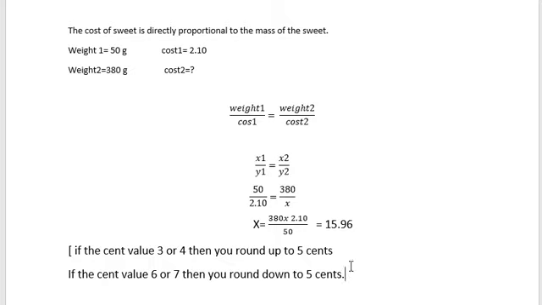This is the meaning of correct to the nearest 5 cents. So since we are getting 15.96, we can write 15.95, to the nearest 5 cents.